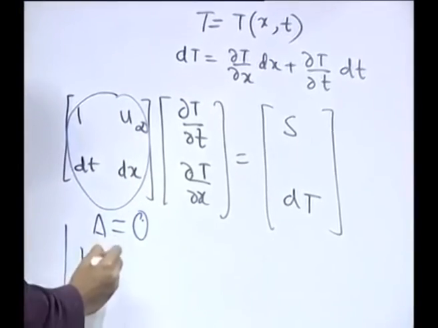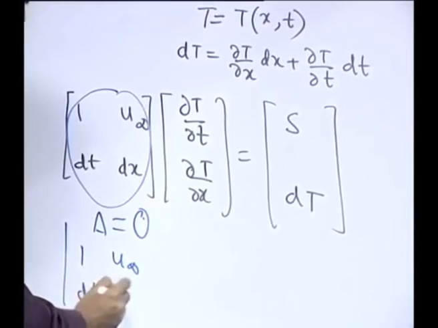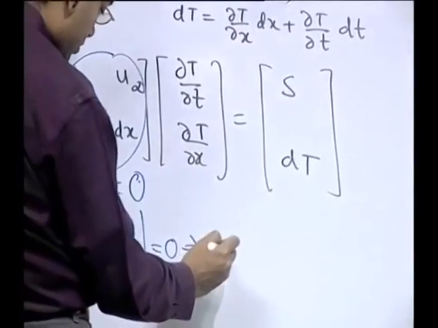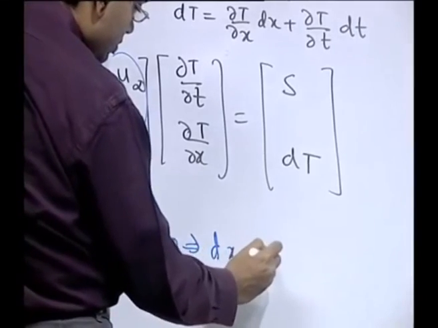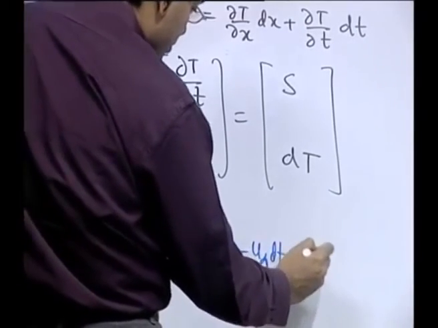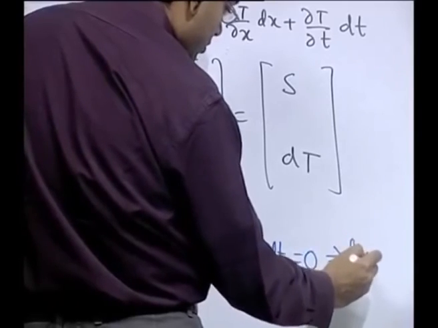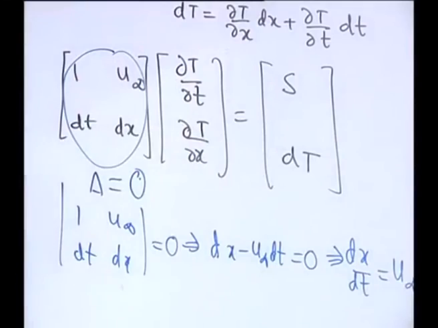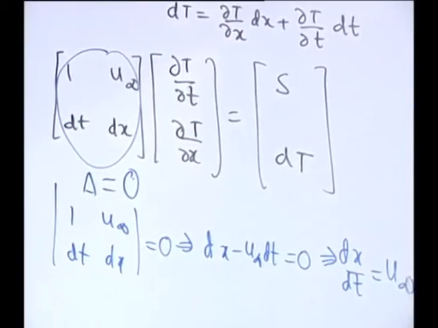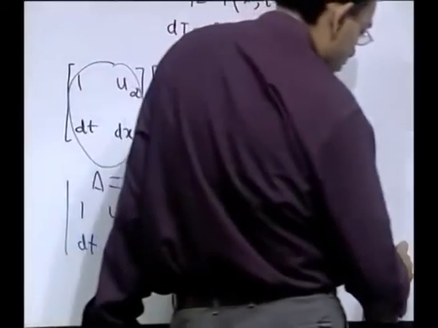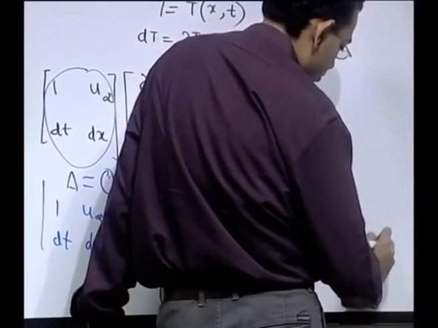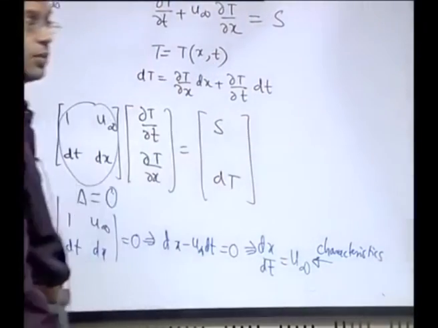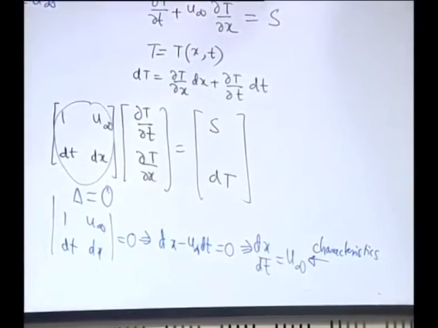So, that means 1 u infinity dt dx. So, the equation of the characteristic is given by dx dt equal to u infinity. What is the nature of the PDE? Parabolic, elliptic or hyperbolic?